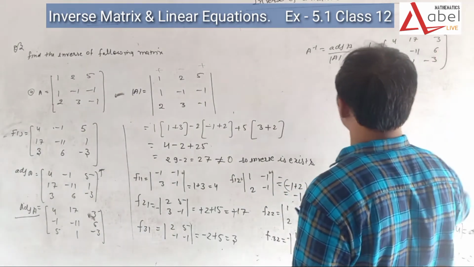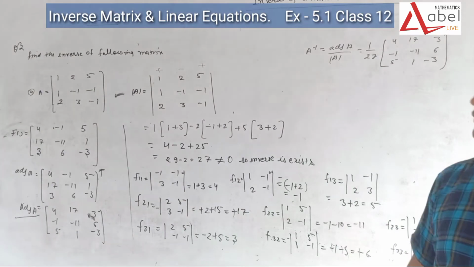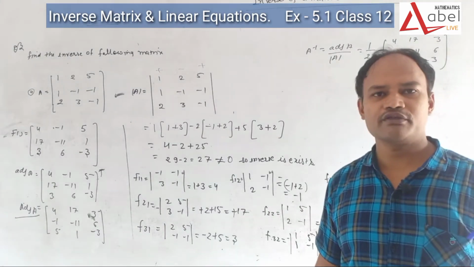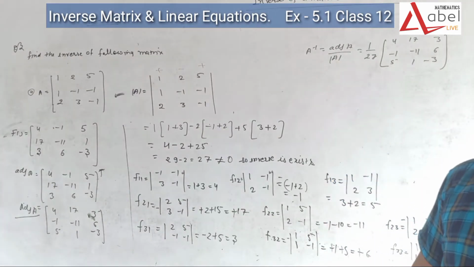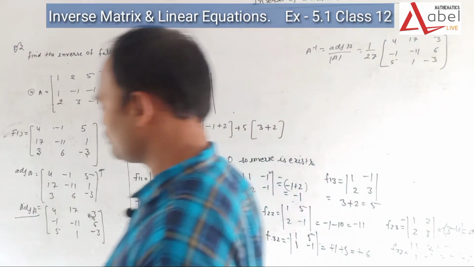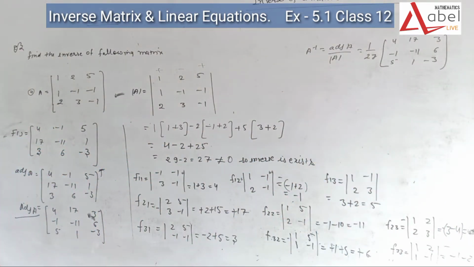So students, this is A inverse, and we have successfully found the value of A inverse. In this way we can solve A inverse for other questions also. There are two more questions, and in the same way we can find them.